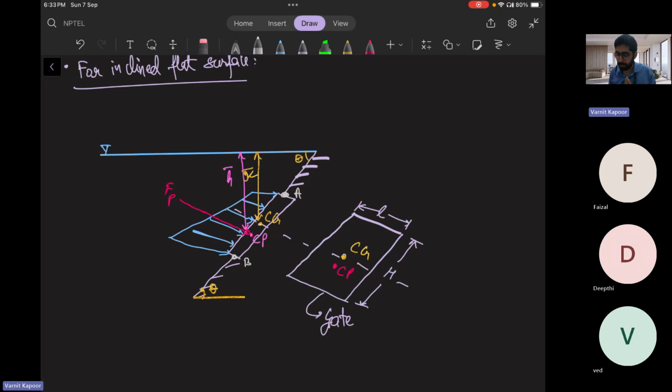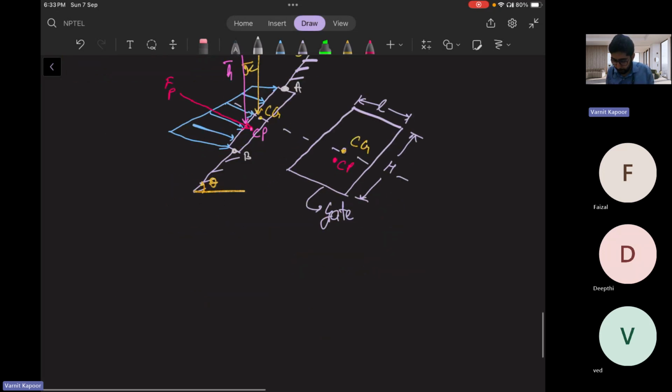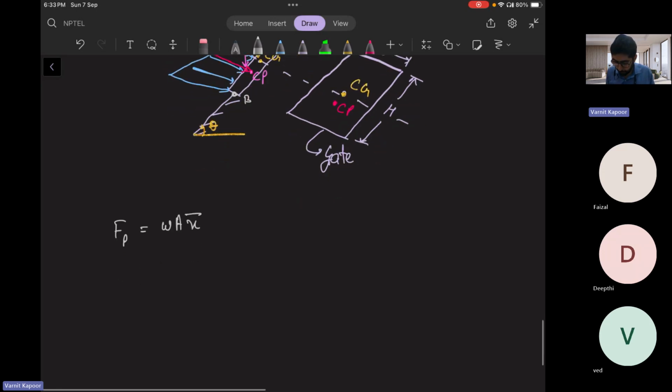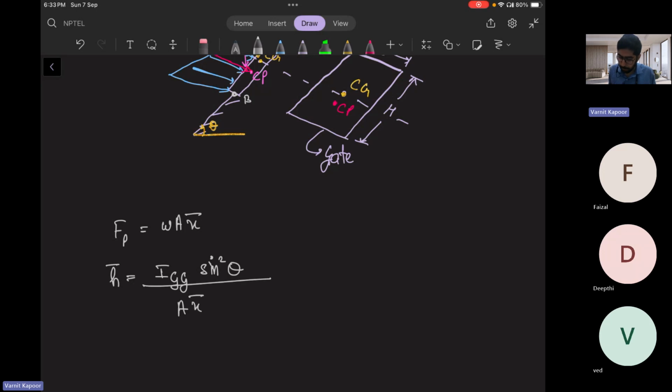So what will be the pressure force FP here? FP will always be wA x bar. And h bar is the point where it is acting. For this, the expression is IG sine square theta upon A x bar, plus x bar.